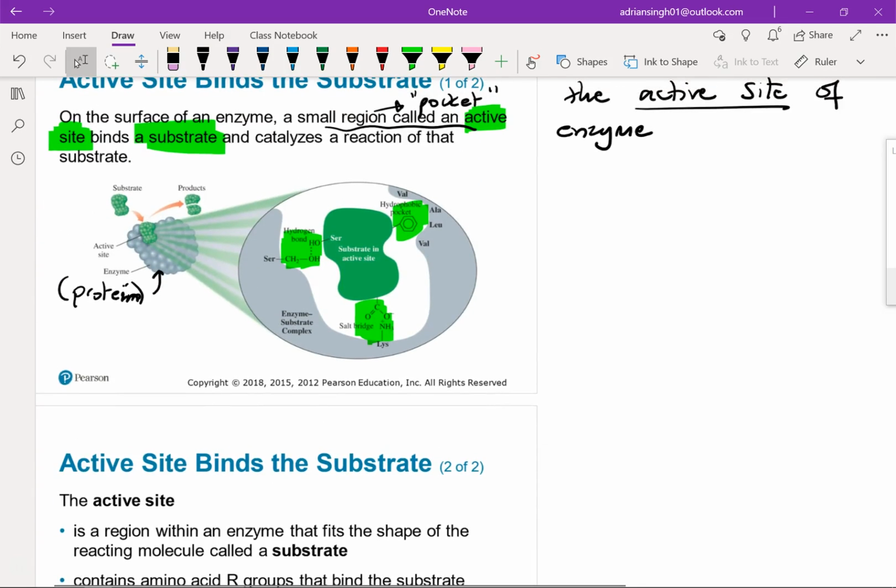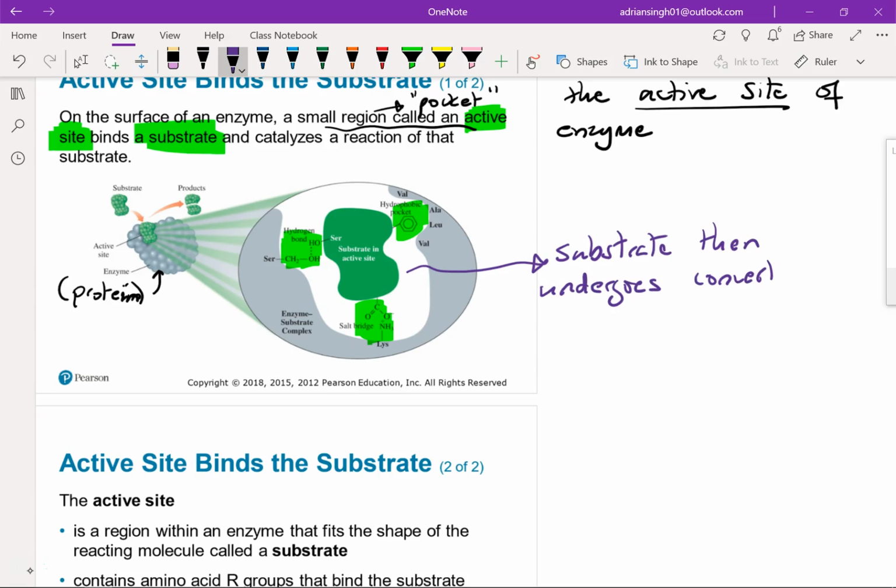Once it binds to this active site, so there's your substrate in the active site, then the substrate undergoes conversion to the products or a product, depending on what reaction's happening, and then that product gets released.